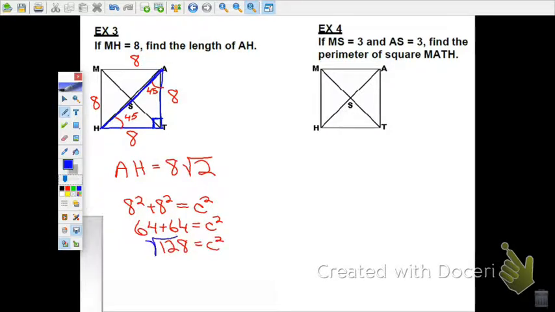Just a lot more work to get to it. 128, we can do 2 and 64, which is 8 and 8. Since we've got a pair, we could stop there. So we've got 8 square root of 2. But again, if you take a little bit of time, recognize that it's a 45, 45, 90, then we can apply that rule and come up with that without doing the Pythagorean theorem.